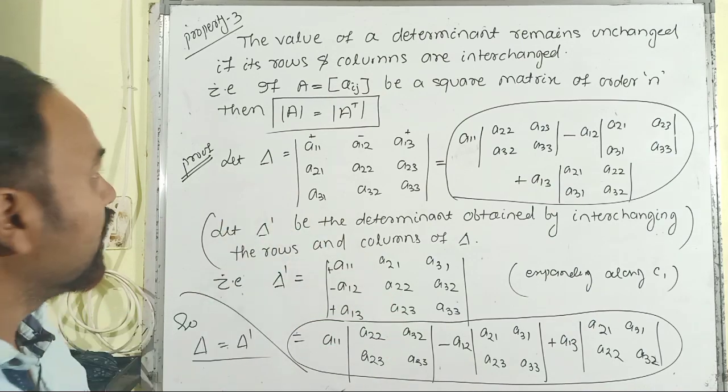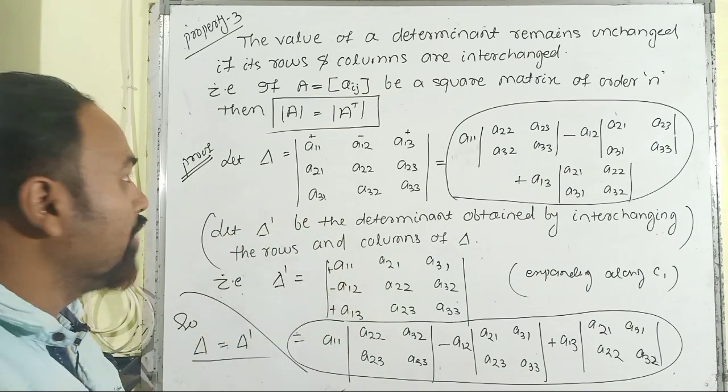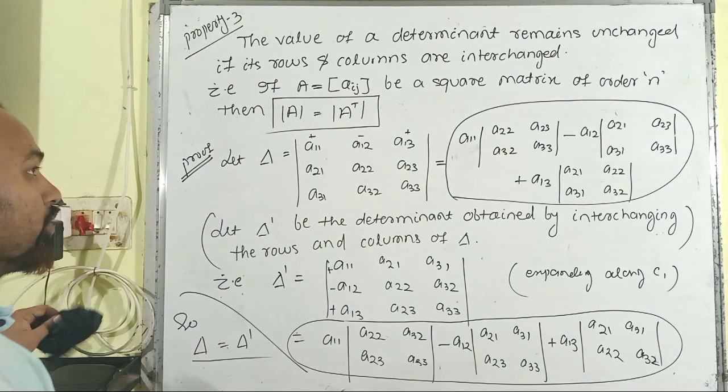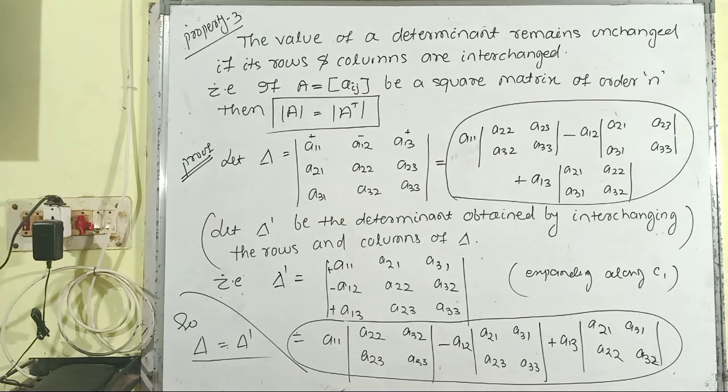Let us consider an example, and we have to prove it by using property number 3. Let us consider an example here based upon property number 3.